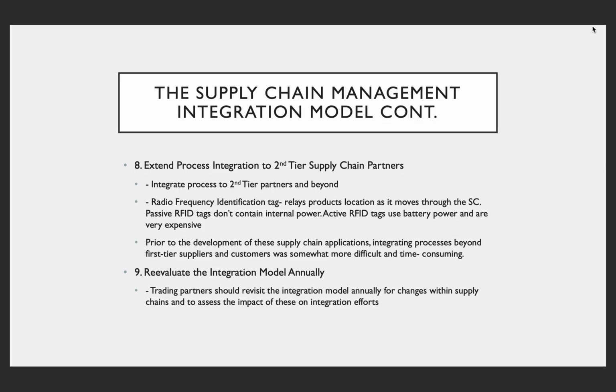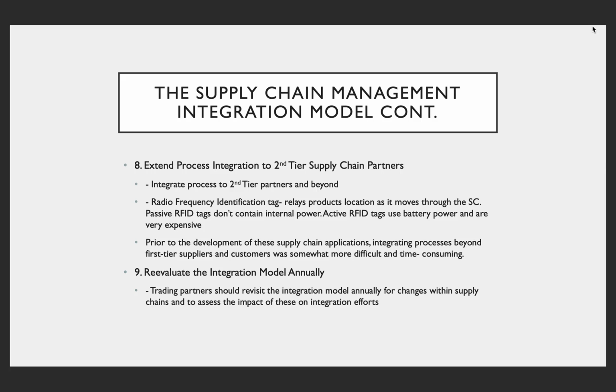Radio frequency identification tags relay a product's location as it moves through the supply chain. Passive RFID tags don't contain internal power. Active RFID tags use battery power and are very expensive. But these are necessary to be able to track what's happening in the supply chain.